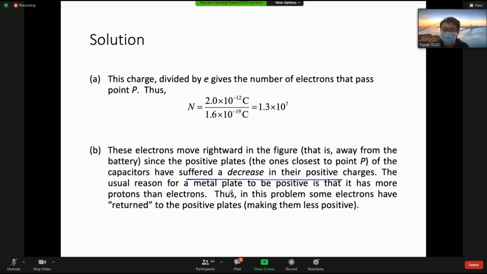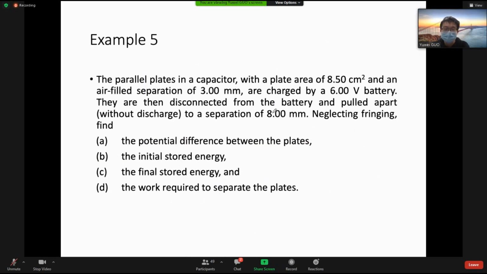Okay, and for the last example, this one is also related with the capacitance. The capacitance definition is about epsilon with the area of the capacitor and the distance between the two plates.